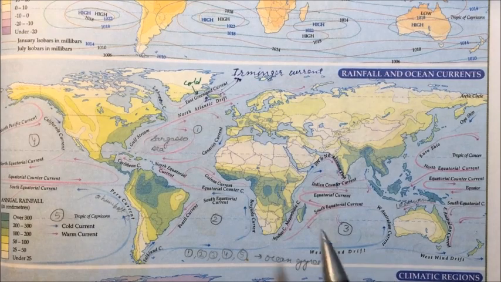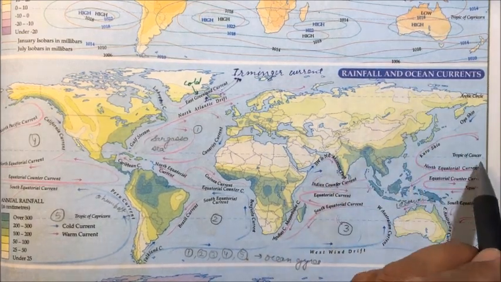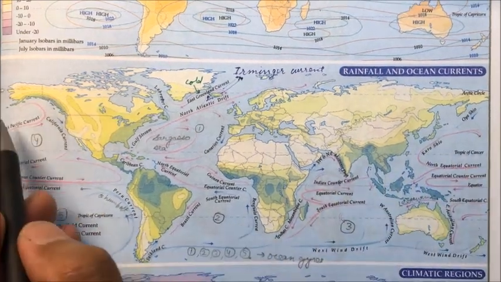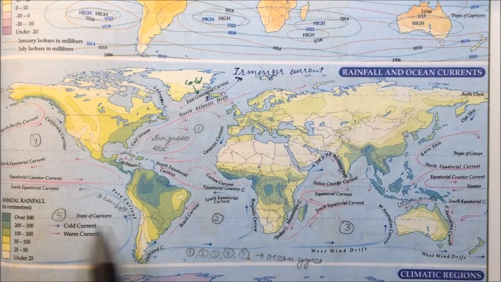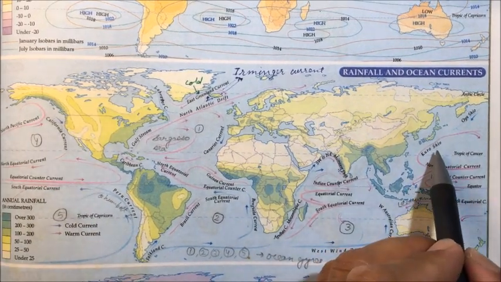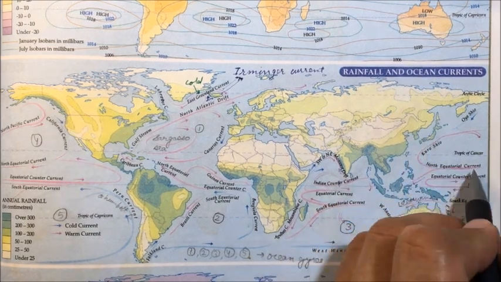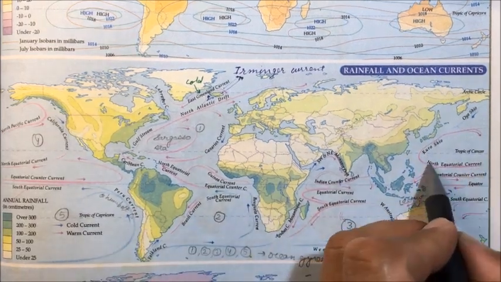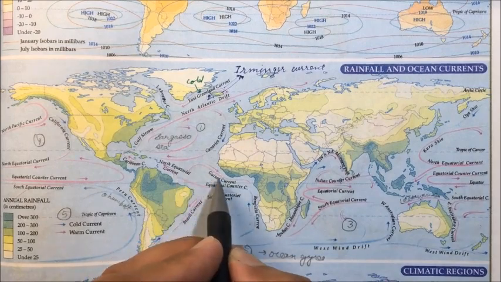Now we'll be discussing ocean currents of the Pacific Ocean, that is the North Pacific Ocean, this part, and the South Pacific Ocean, this part. So we start with the Kuroshio current. How is it formed? We have the North Equatorial current, same as that in the Atlantic Ocean.